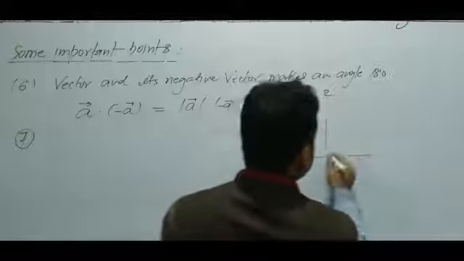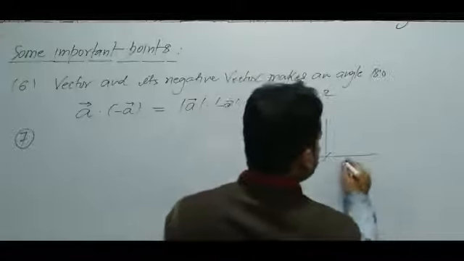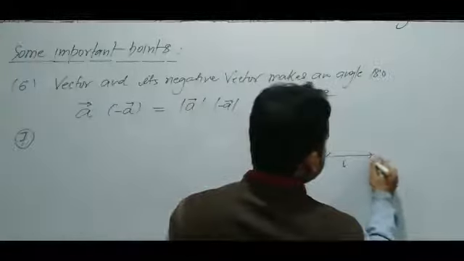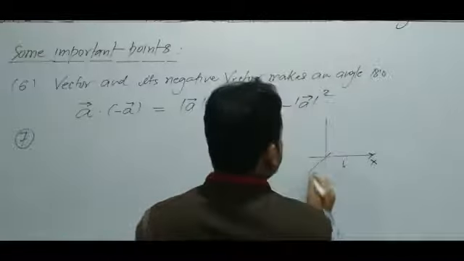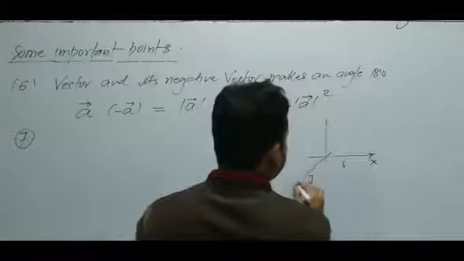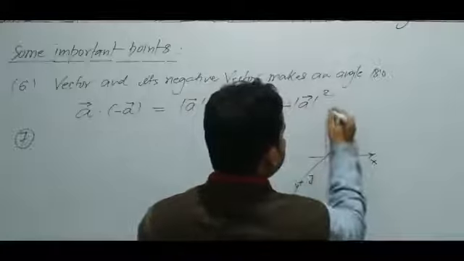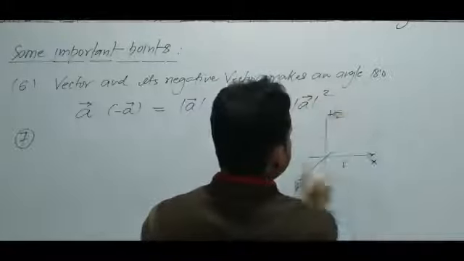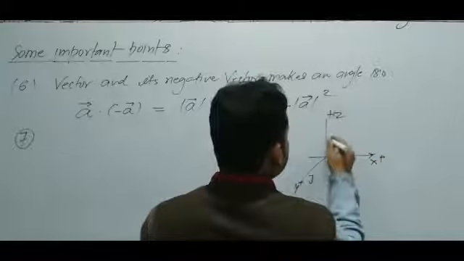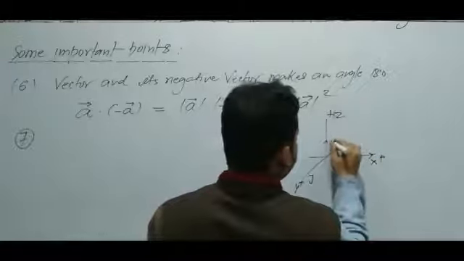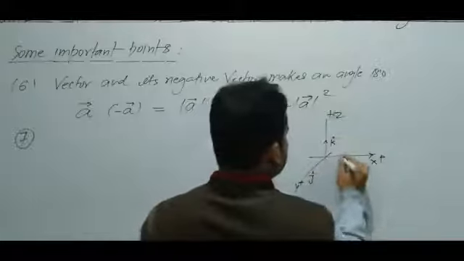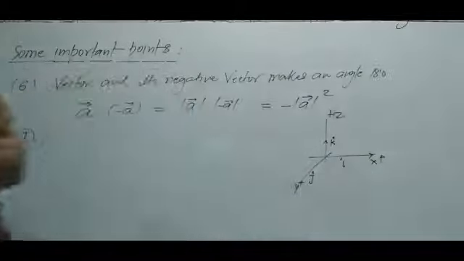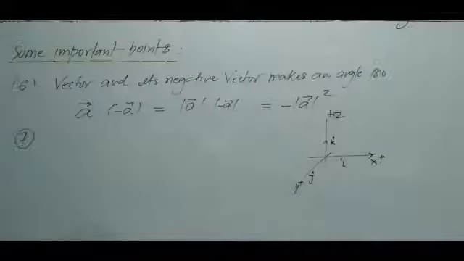You will see this is the i vector in the direction of the x axis, the j vector in the direction of the y axis, and this is the xyz axis, and this is vector k, the unit vector in the direction of the z axis.